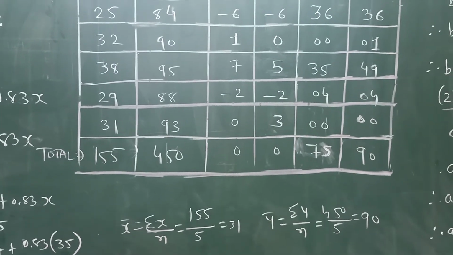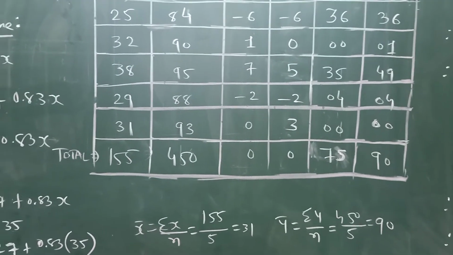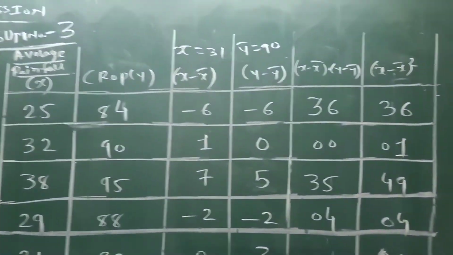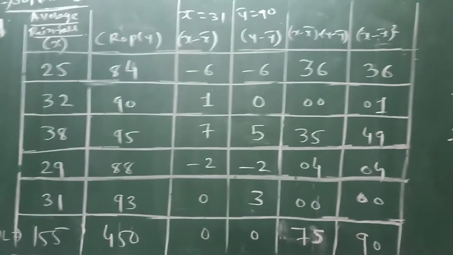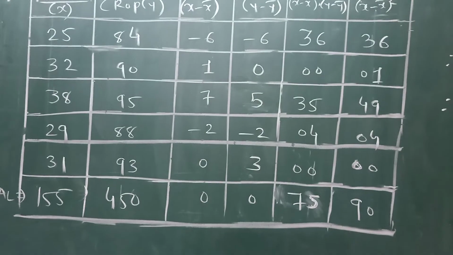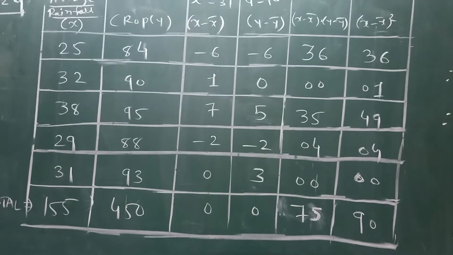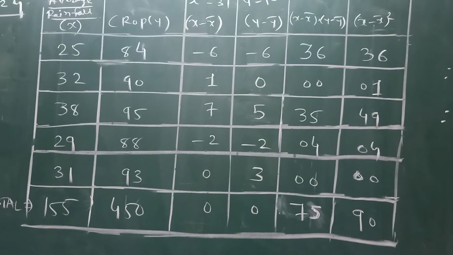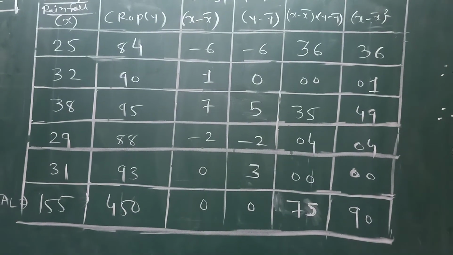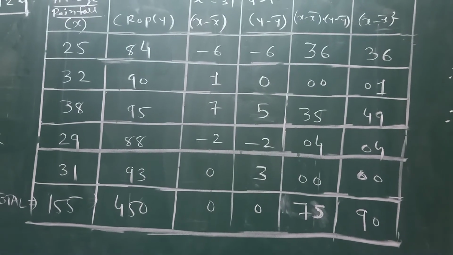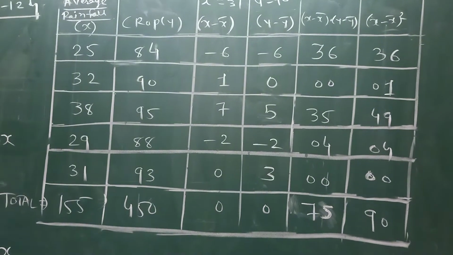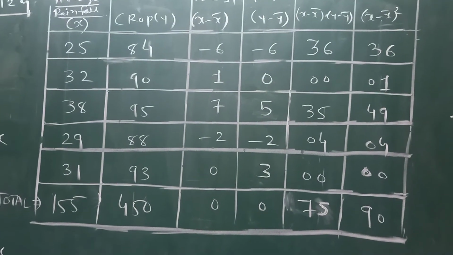So we decide to apply the method of x minus x bar and y minus y bar. We prepare additional 4 columns: x minus x bar, y minus y bar, multiplication of both, that is x minus x bar into y minus y bar, and x minus x bar square.